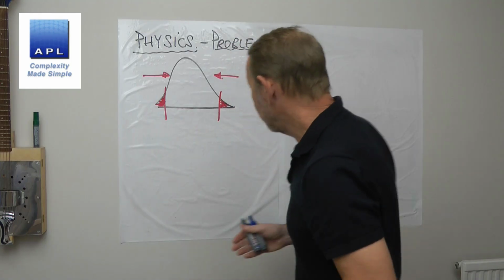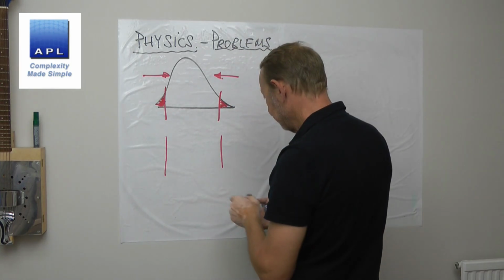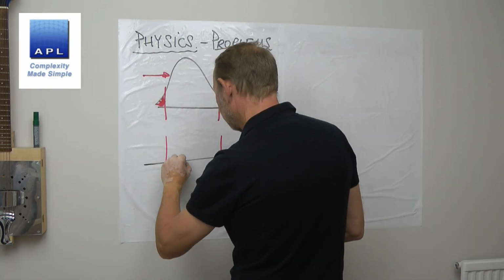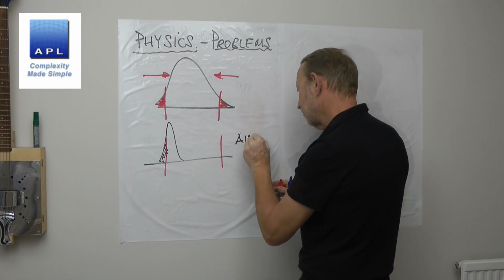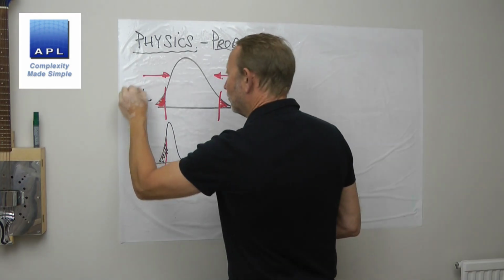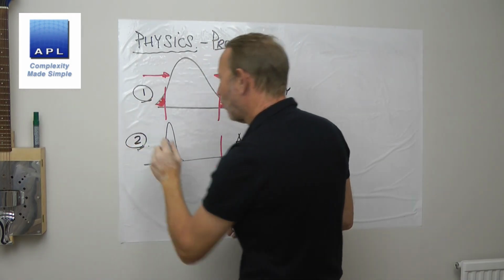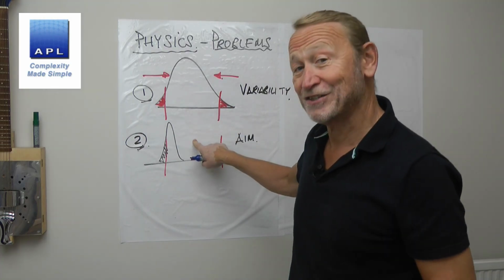But of course, the other one is you're okay for variability, but the issue you've got is one of aim. So this is aim, this is variability. Problem one, problem two. By the way, most of your problems are like this because this is easy to fix.